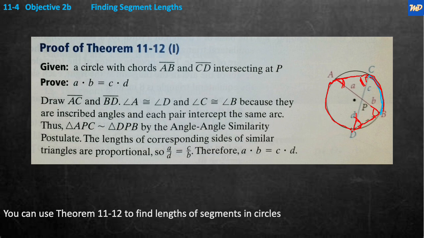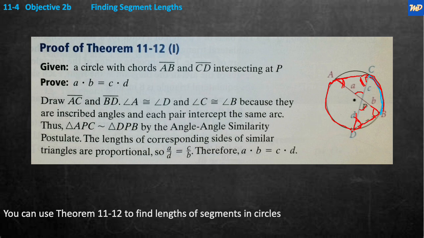That triangle is similar to DPB because of the angle-angle similarity postulate. So we have two triangles with identical angles. What we don't know is how long the segments are. All we know is that the angles are identical, so they're similar. This angle will be the same in both. We just don't know how long the sides are going to be.